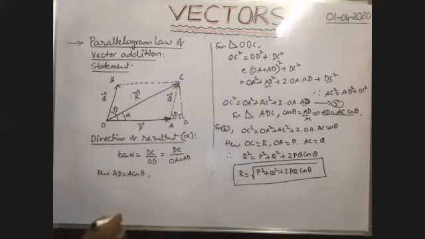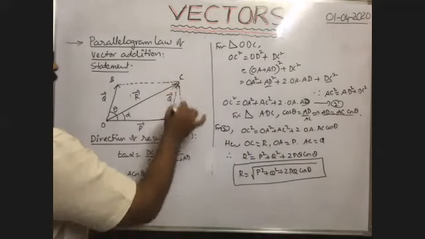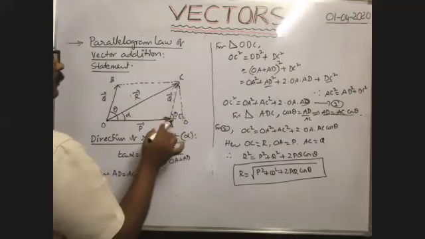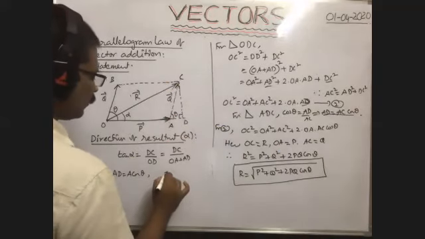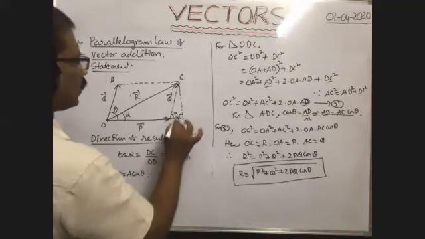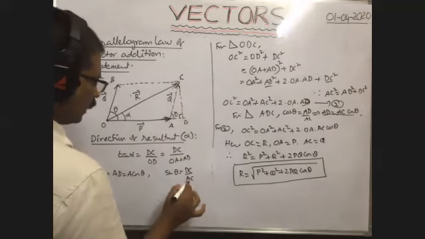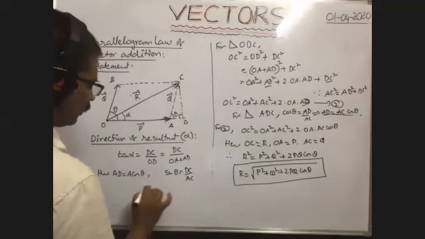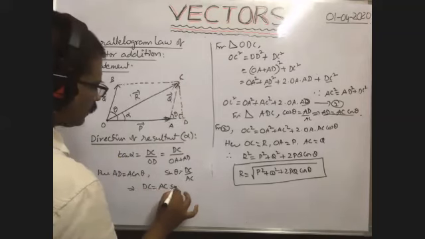But what about DC? From the same right angle triangle, sin theta is equal to opposite DC by hypotenuse AC. That implies DC is equal to AC sin theta.